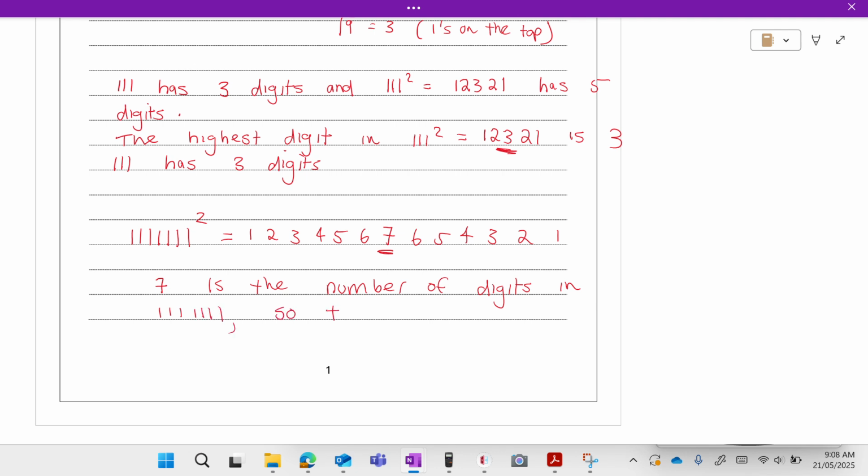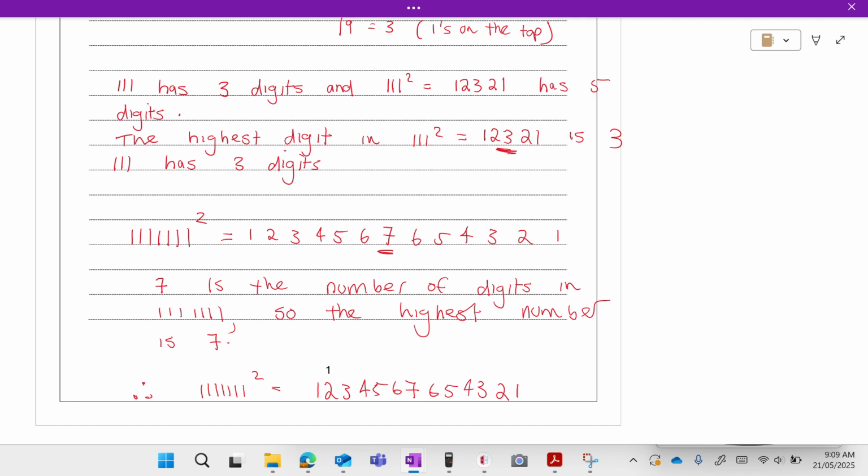So the highest number is 7. Therefore, 1, 2, 3, 4, 5, 6, 7 squared equals 1, 2, 3, 4, 5, 6, 7, 6, 5, 4, 3, 2, 1.